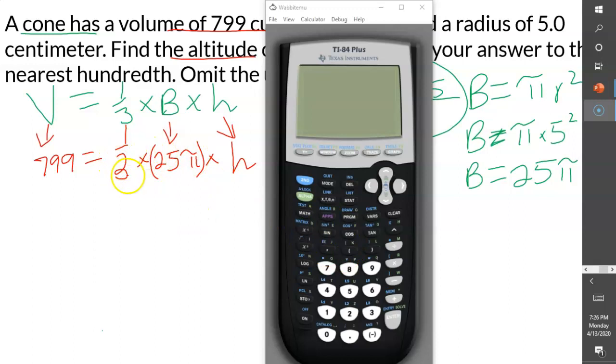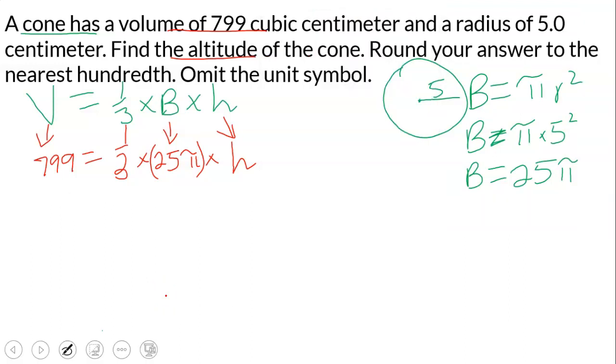I'm going to multiply both sides by 3, especially since everything on the right side is multiplication. So we're going to do 799 times 3, which is 2397.